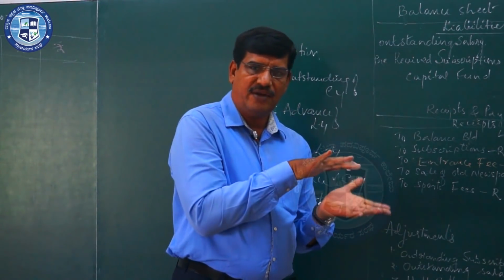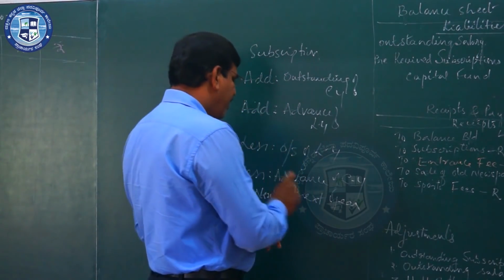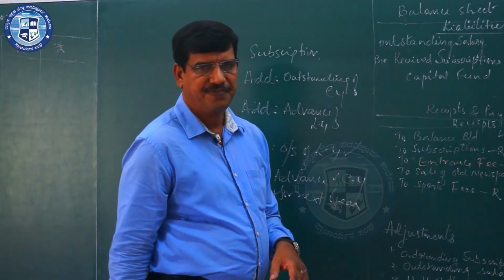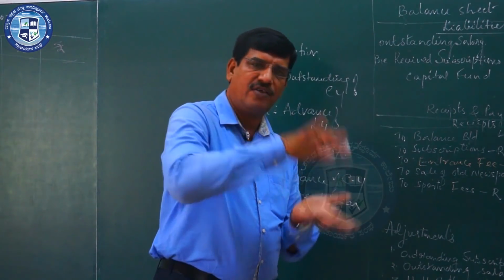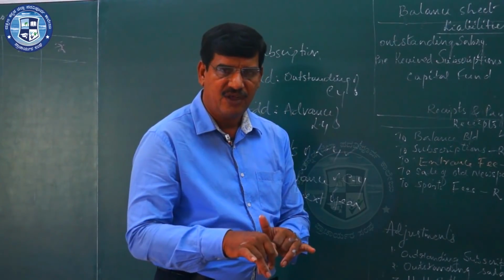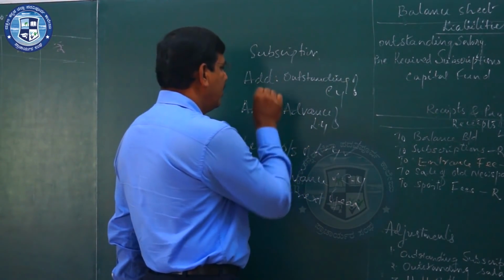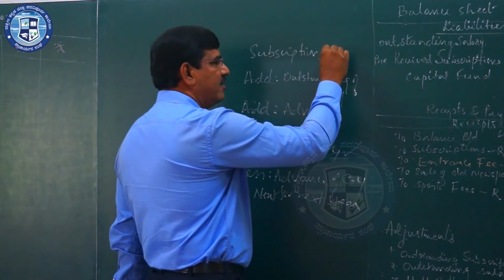Outstanding of last year is not related to the current year, that's why it should be subtracted. Advance of last year is given for the current year, so it relates to the current year, that's why you have to add it to the concerned item.